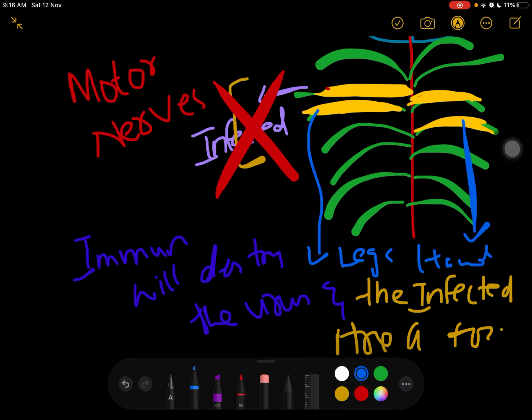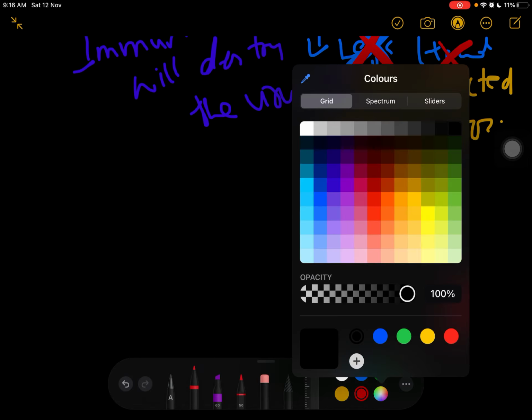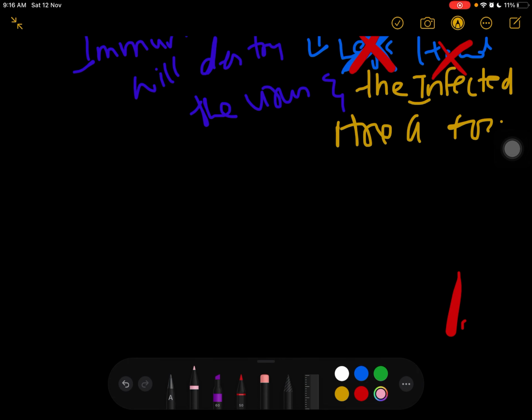Now they won't work because the poliovirus has infected those nerves, and our immune system will destroy the virus in the infected areas, and they will kill the nerves, or you can say inactivate the nerve. So wherever there is the ending of the nerve, that area will get paralyzed because it will not be in contact with the brain and the spinal cord.